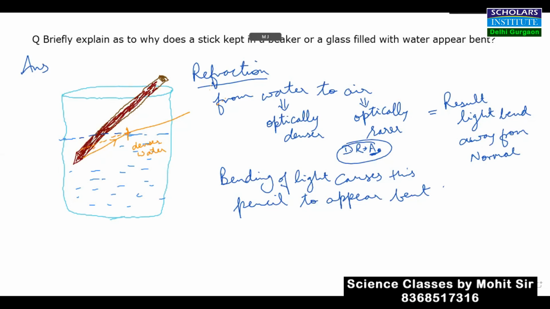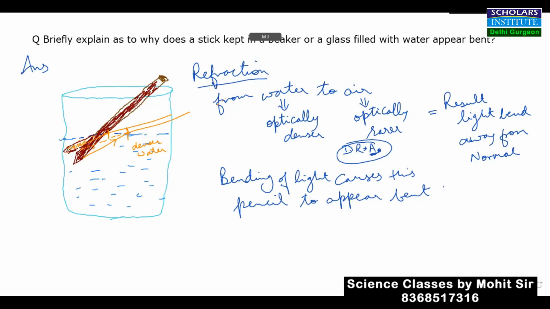Similarly, if I take a point here and draw another ray of light, again it will bend. If I retrace it, it will come somewhere here, which means that if I combine these lines, the apparent position of the image of this pencil will appear to be like this.